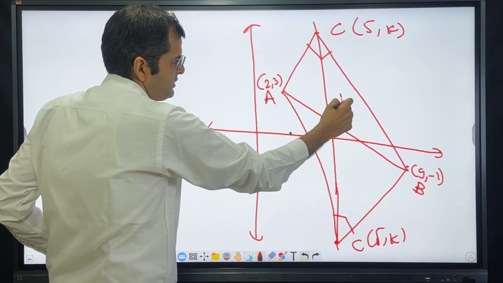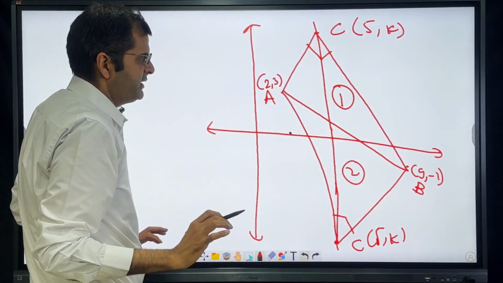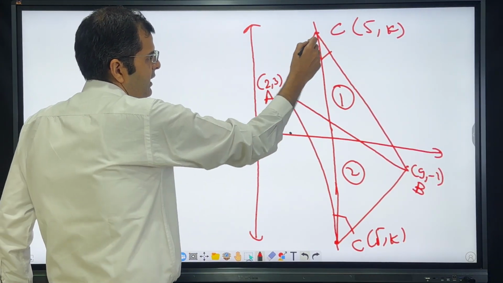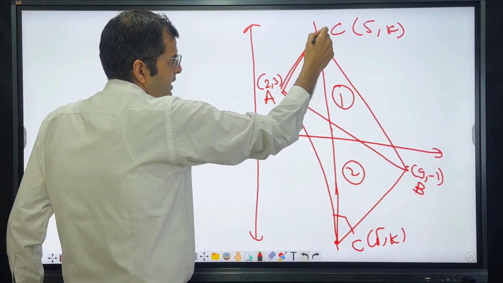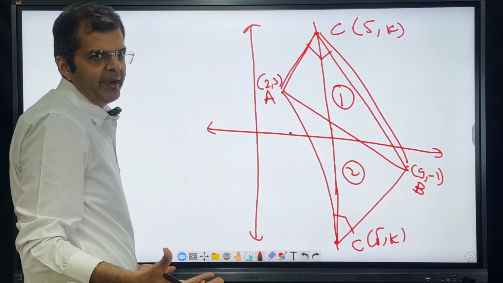One is such triangle, this is triangle 1. Other is this triangle ACB, such that it is right angle at C. So, what are the values of k there? To find that out, I'll multiply the slope of line AC and slope of line CB. Product of the slopes should be -1.